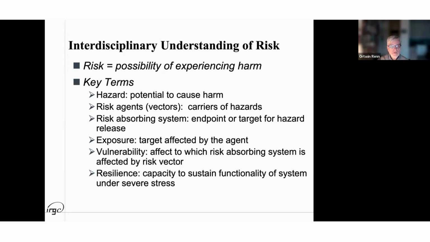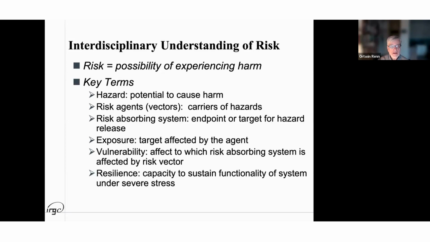We have the risk-absorbing systems, the endpoint or target for hazard release. It could be a human being, an ecosystem, a building or wealth, whatever. Exposure is when the target is affected by one of these agents.